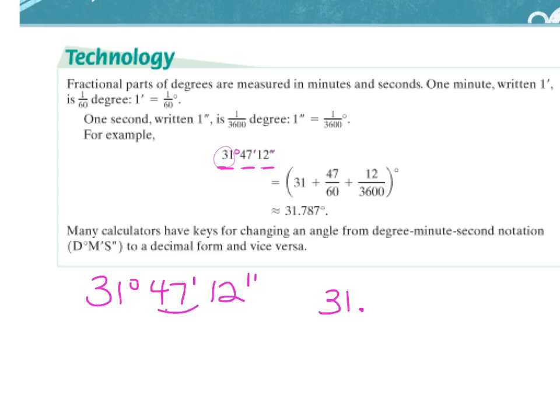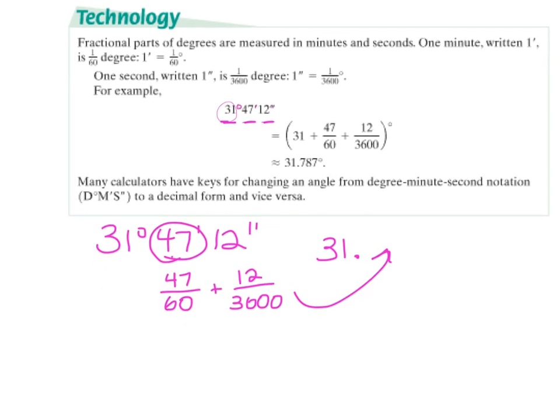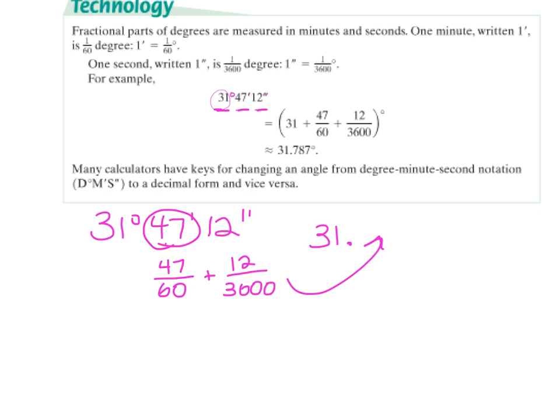You take your second number, which is the minutes, divide it by 60, and you'll get that decimal, and then add that to the seconds divided by 3,600, because that's how many seconds there are in an hour. And I'll add those all to that 31 degrees. So in this case, if you did 47 over 60 plus 12 over 3,600, you end up with that 787. And then that's the decimal portion of your degree.